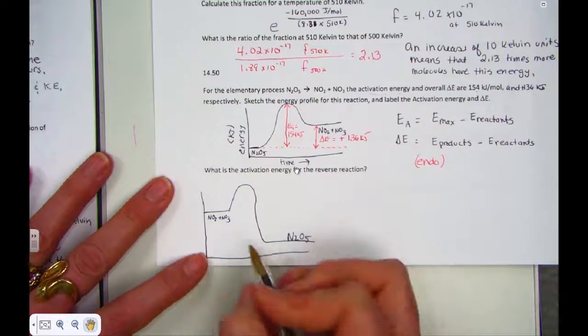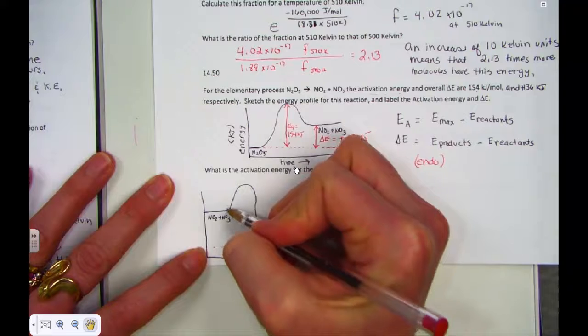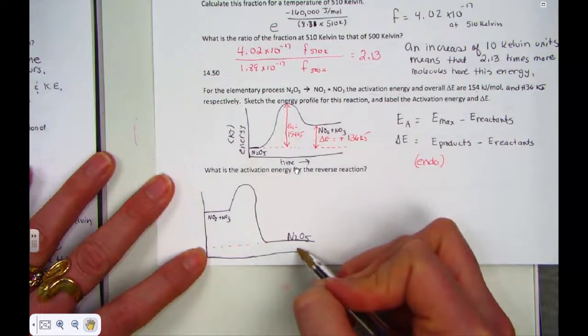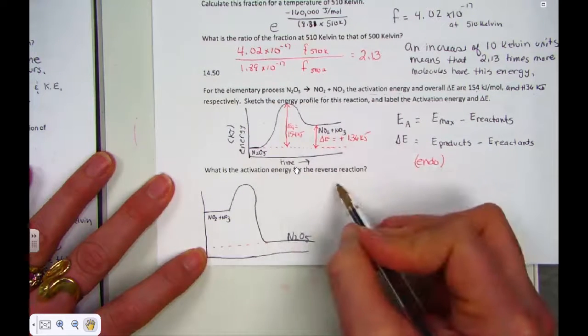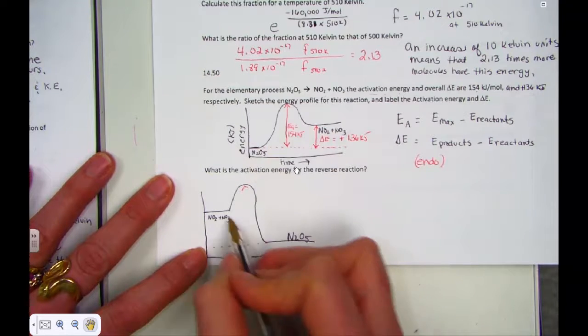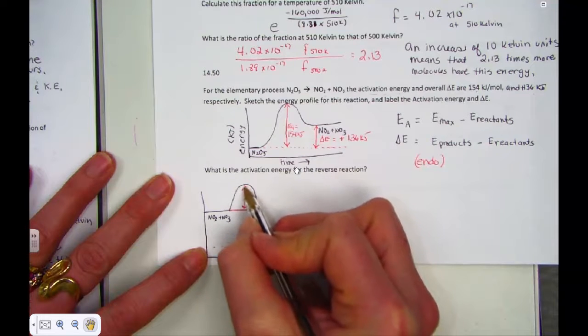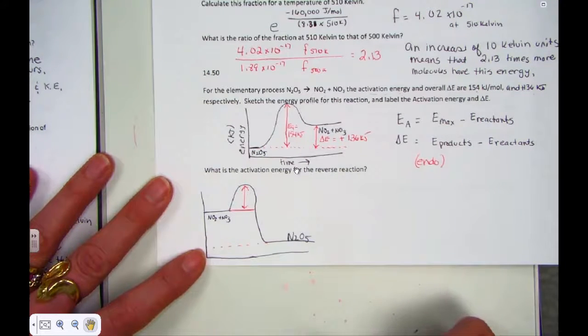Well, keep in mind, from the reactant to the product gives us the overall energy, but the activation energy is from the maximum here to where the reactants were here. How much is that?